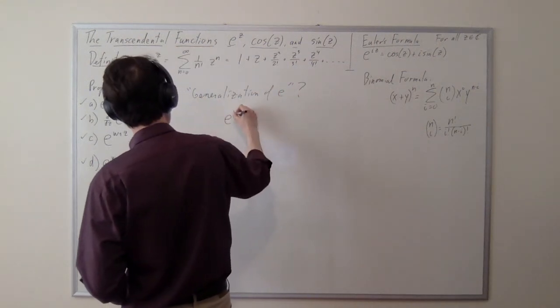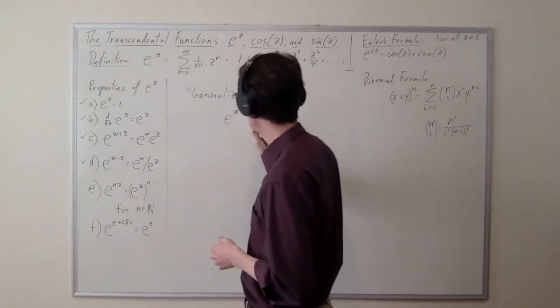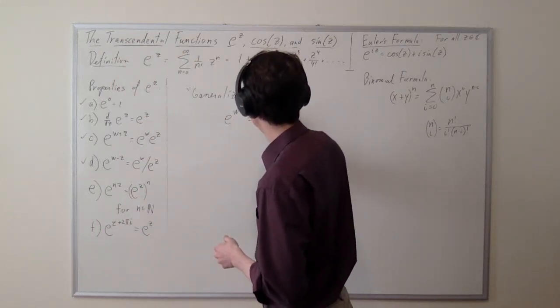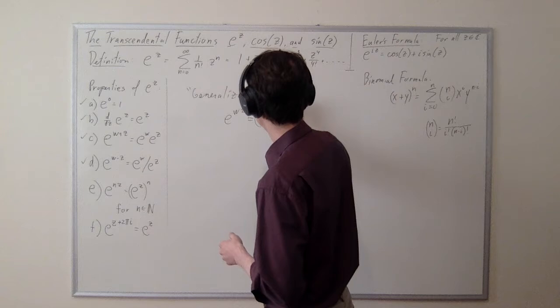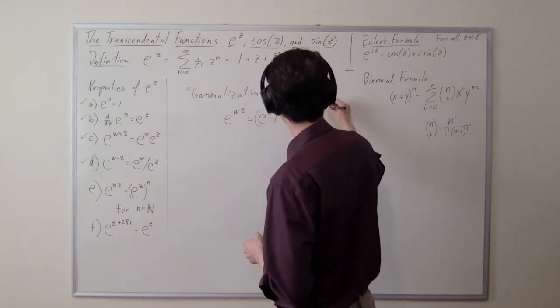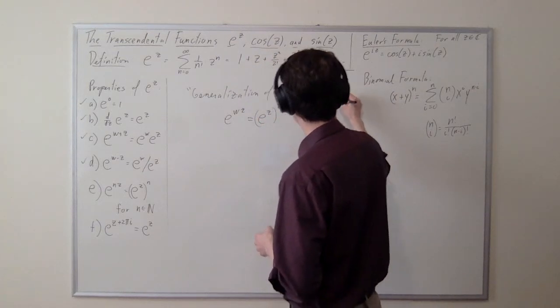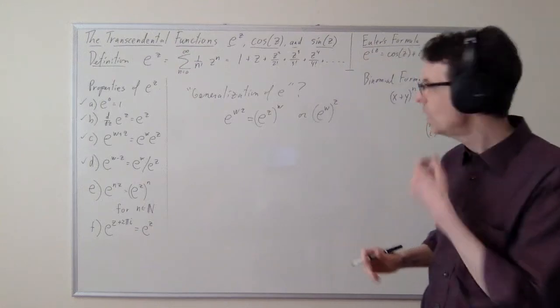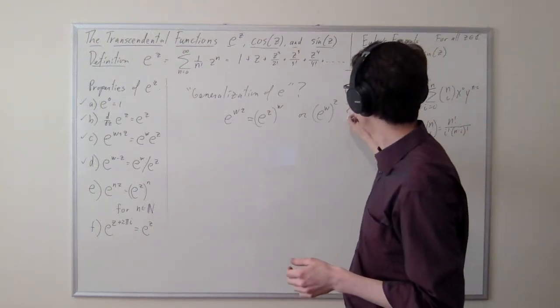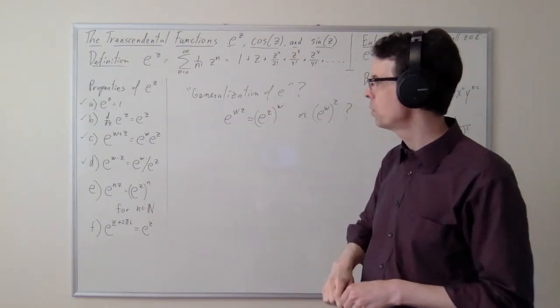So you might expect me to say that e to the w times z is equal to e to the z to the w, or you might equally expect that that would be e to the w to the z. So you might expect this as a more general form.